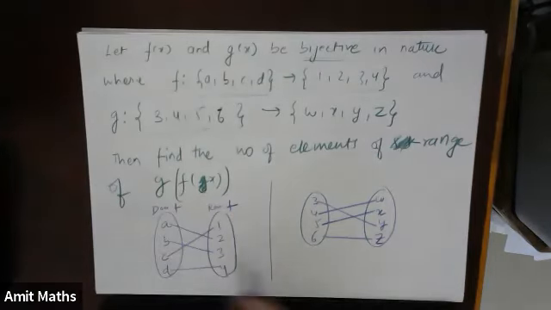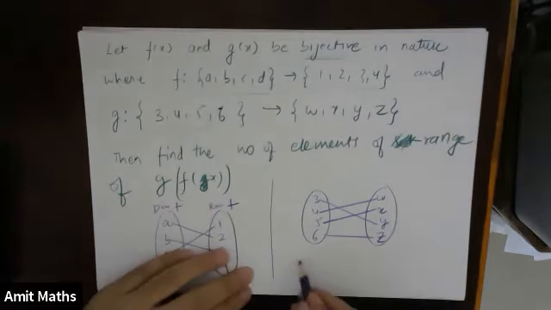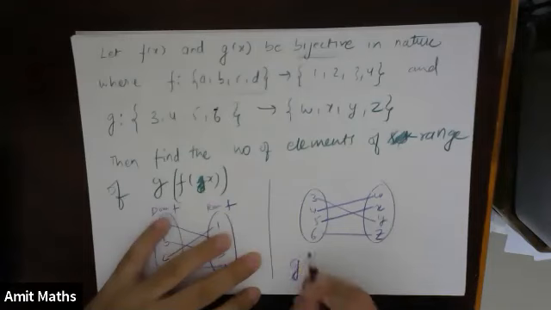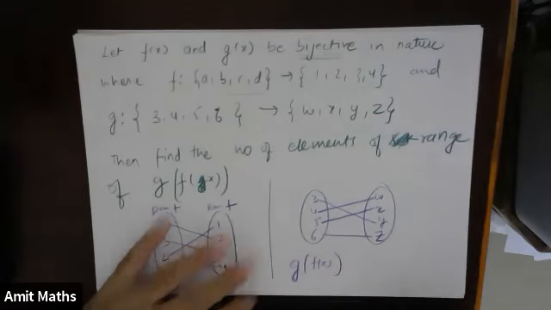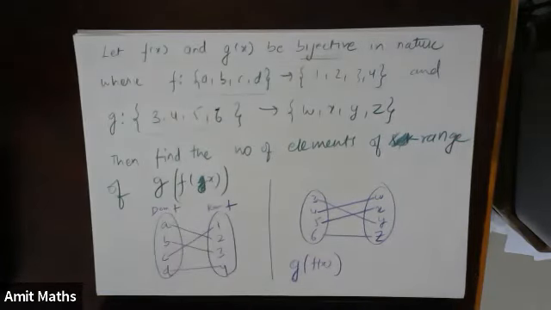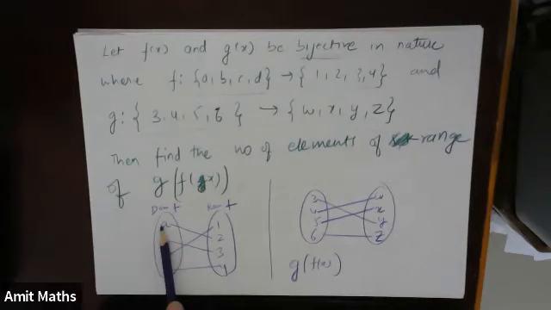Now when we are writing g of f of x, if I start taking inputs, say from a, a is giving me 2 as an output.